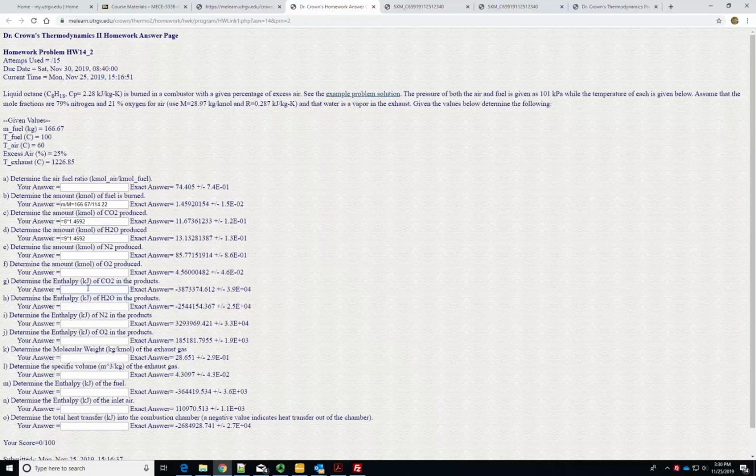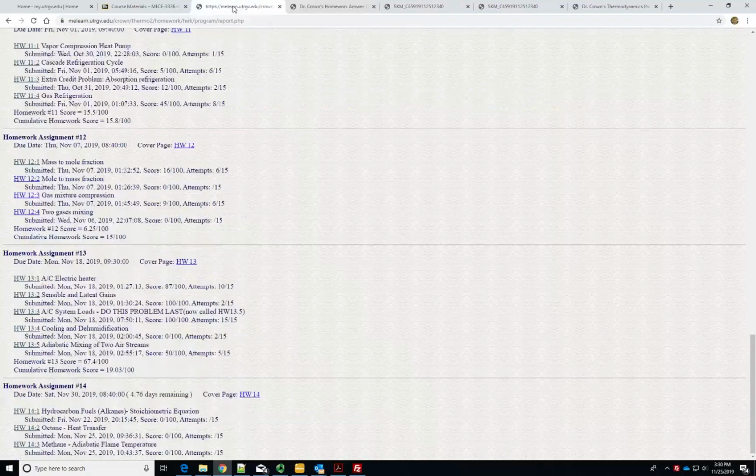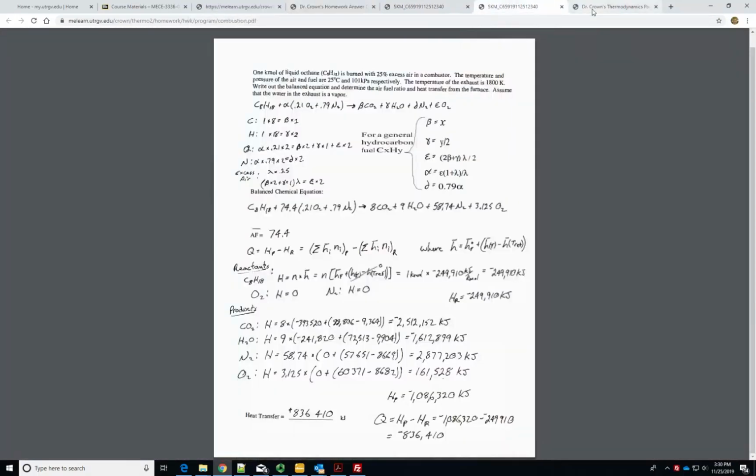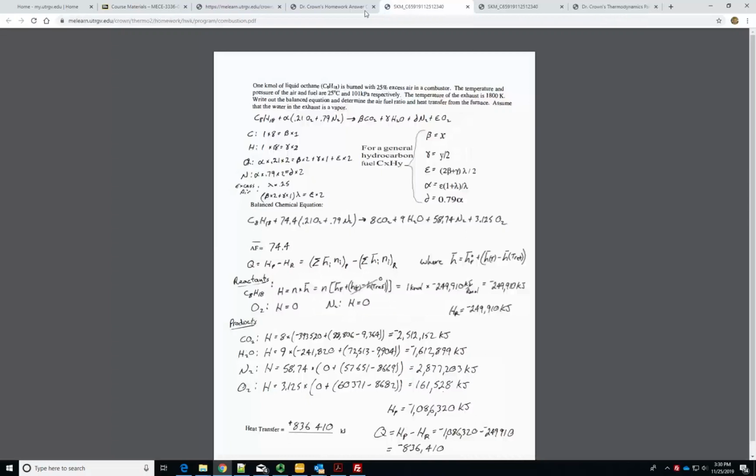For 1226.85 degrees C, that's going to be exactly 1500 Kelvin. And if I go to my website, I mean, I can use the tables, but let's see if I can find that here.